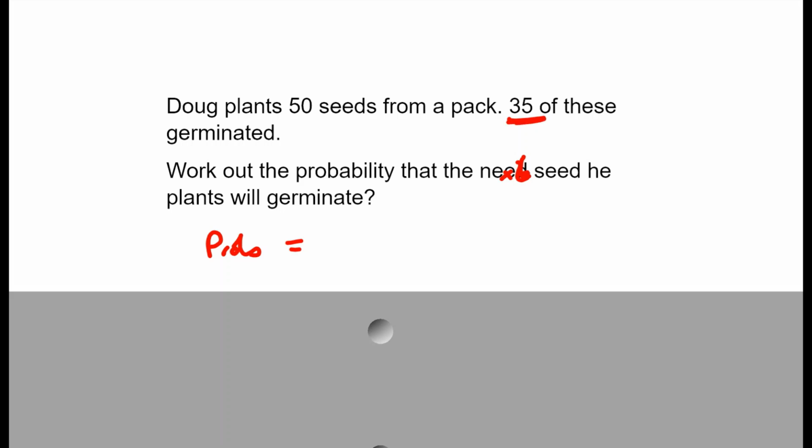So here, our desired outcomes is 35. He's had 35 successfully germinating so far, over the total, which is 50. Now, with probability, we can leave our fractions unsimplified, but the mathematician in me wants to simplify, so we'll divide top and bottom by 5, 7/10.